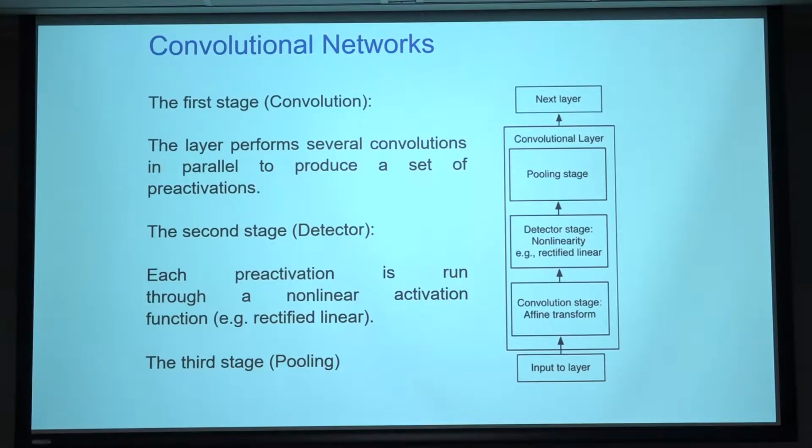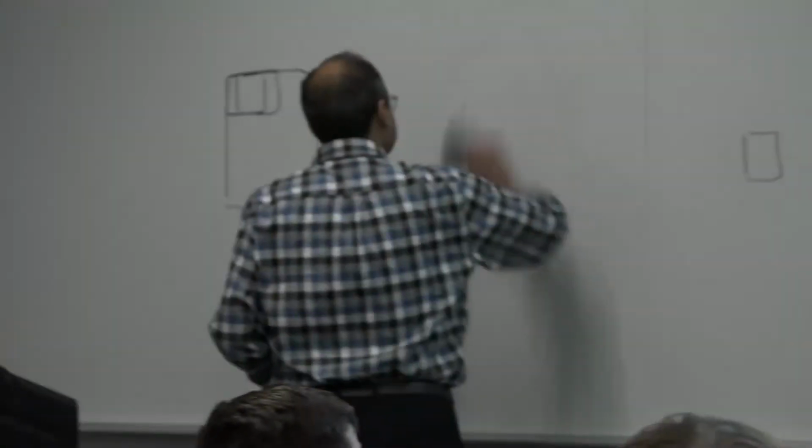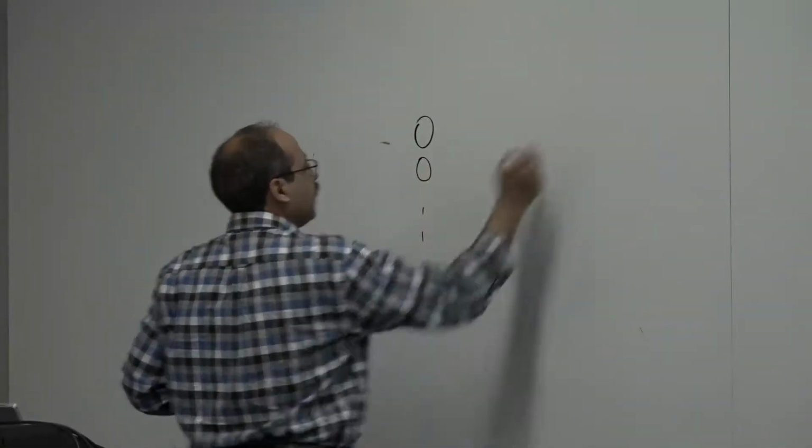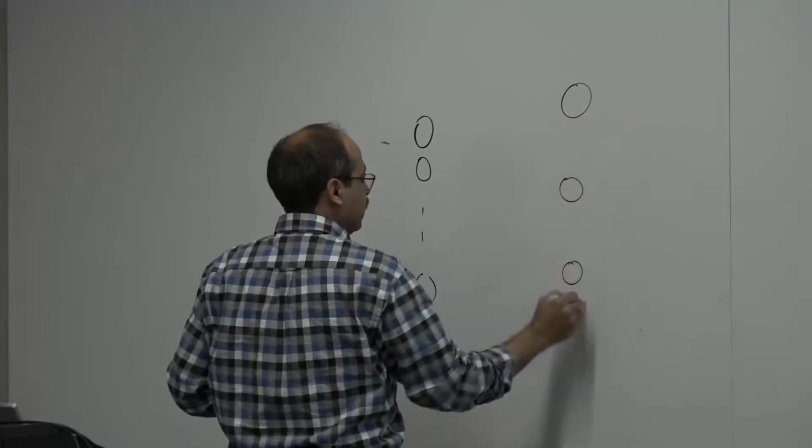Okay, so that was the first step of a convolutional neural network, the convolutional stage. The second step of a convolutional neural network is detection. Detection is basically similar to the activation function that we had in a feed-forward neural network. In a feed-forward neural network, we had this layer, and we had another layer here.